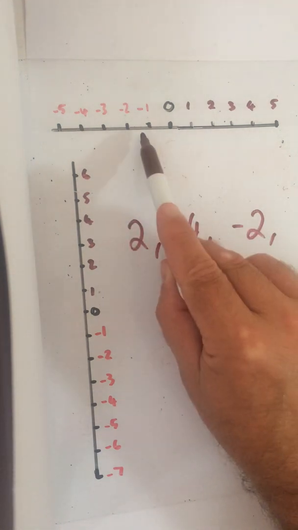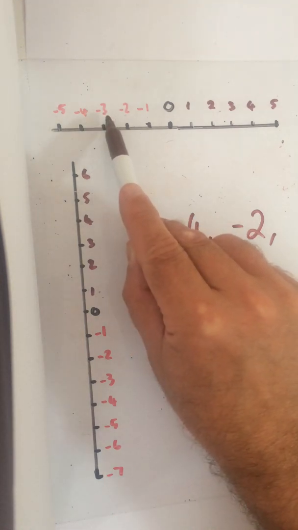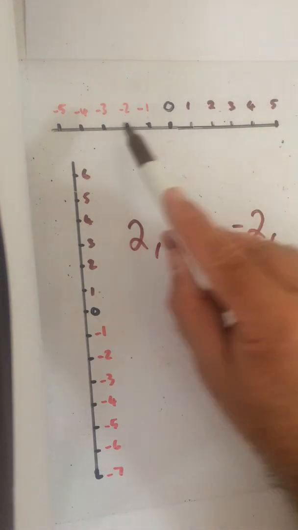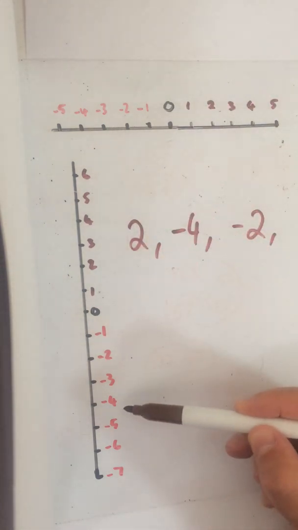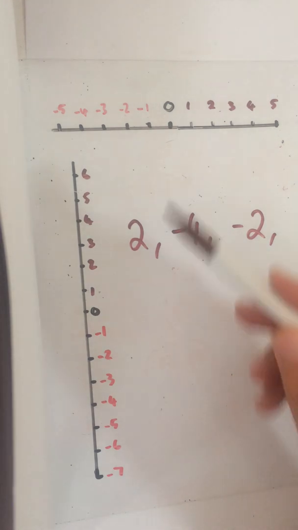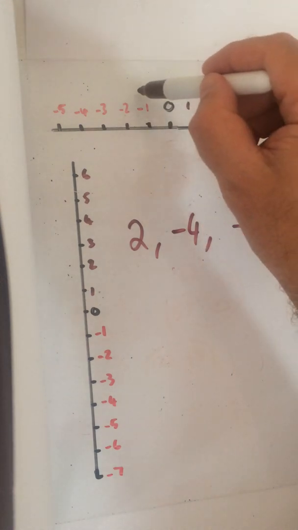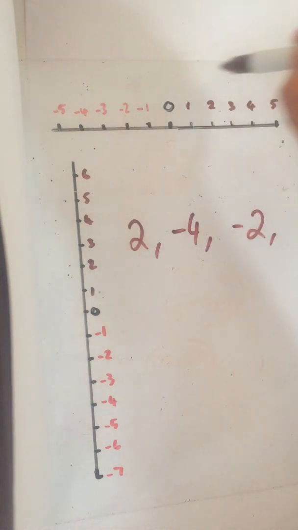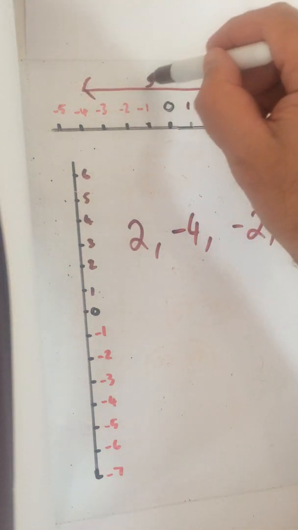When we're looking at minus numbers, the bigger the value of the integer, the smaller it is actually. So -4 is colder than -2, so it's therefore a smaller number. These numbers are getting smaller in this direction.